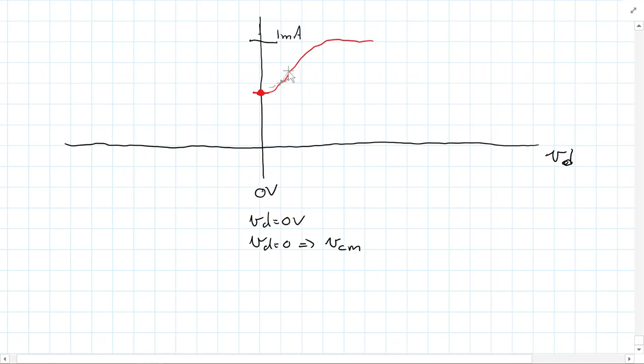And then what we're going to do here is let me draw this curve a little bit better. That looks too much like a straight line. Although it kind of looks like a straight line. So this might be, for instance, this would be IC1.